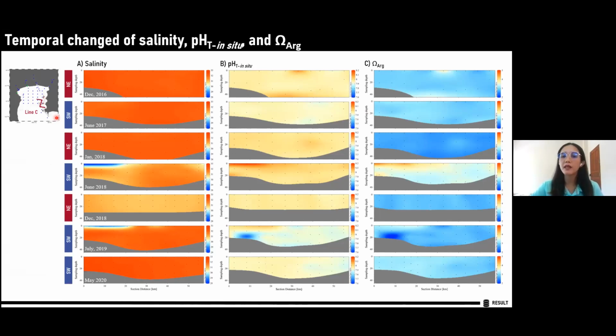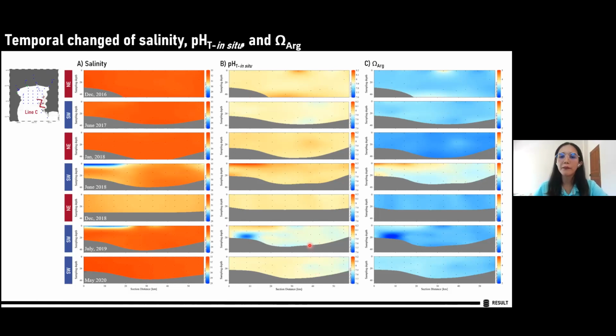Here we still observe the influence of river discharge or fresh water in the southwest monsoon season, or the rainy season, such as in June 2018 and July 2019, which plays a significant role in pH and aragonite saturation variability. The pH time series indicates a slight decrease of the pH value during the southwest monsoon, and it seems to decrease over time.